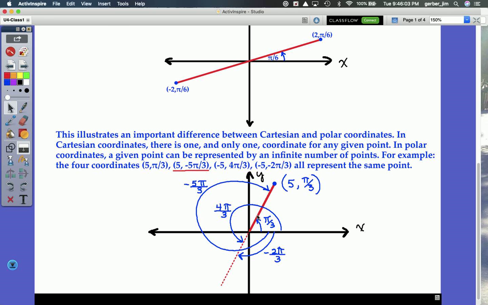Likewise with all of the other angles. If I add or subtract 2 pi radians to any of those angles, I land on the same spot. And so we see that there are, in fact, an infinite number of ways of labeling any point in a polar coordinate system, unlike in a Cartesian coordinate system where there's always only one.